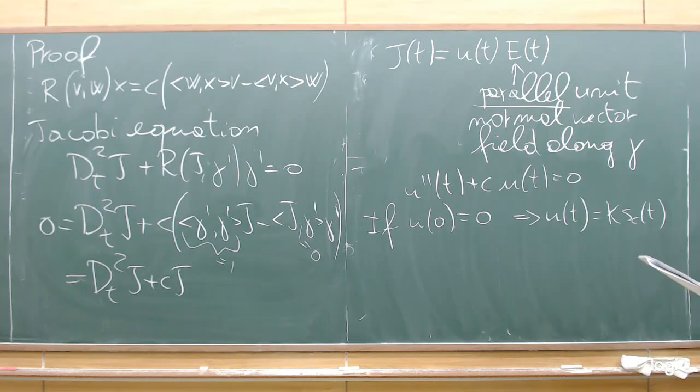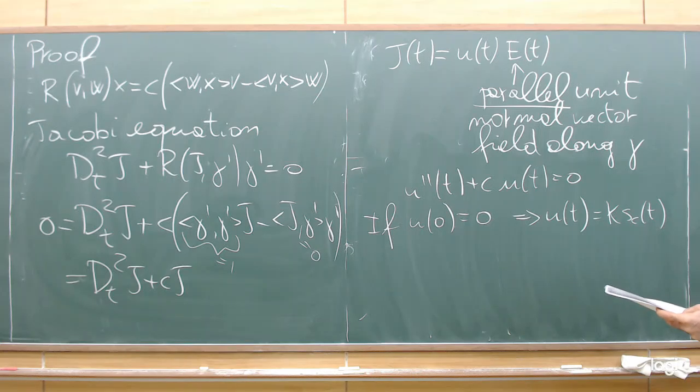So this way we get all the normal Jacobi fields which vanish at 0. And this is a space of dimension n minus 1, so consequently the space of parallel normal vector fields has the same dimension.